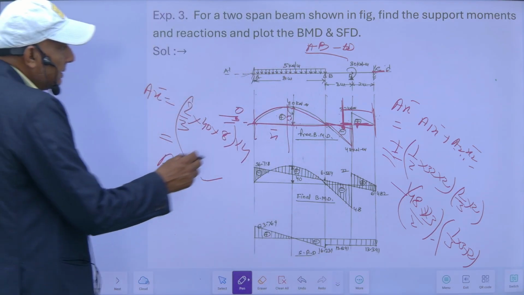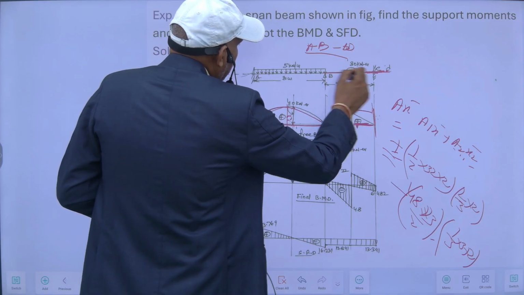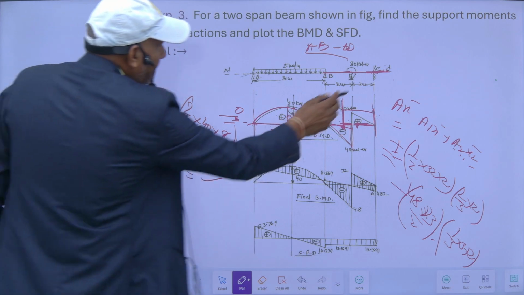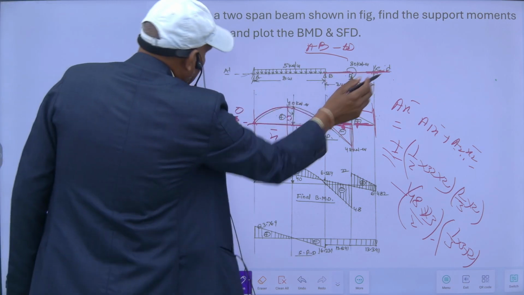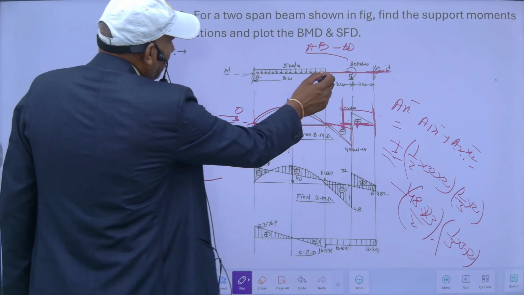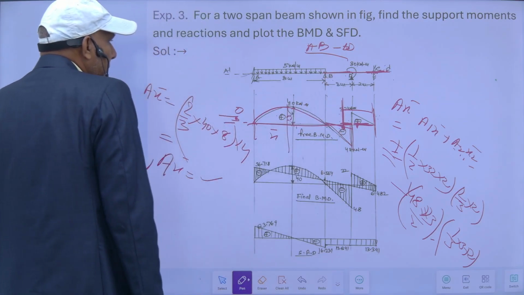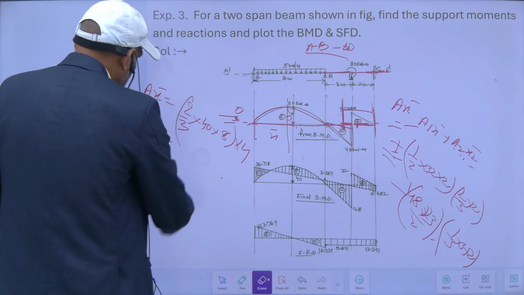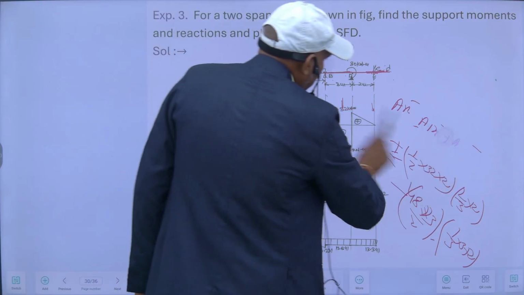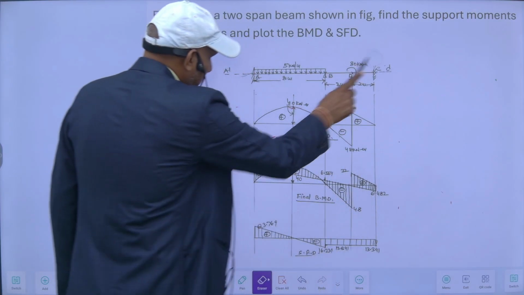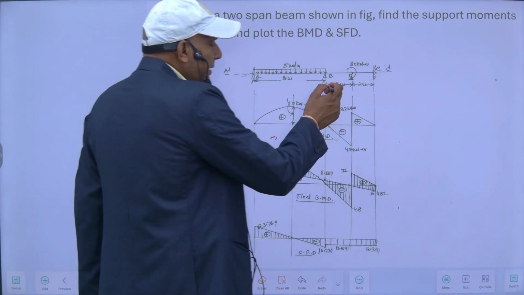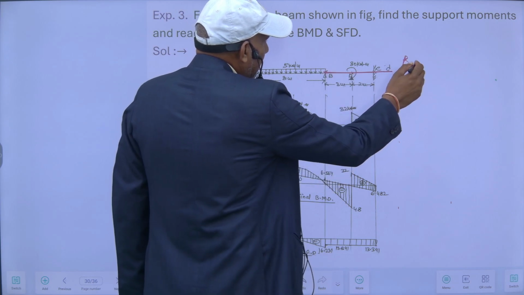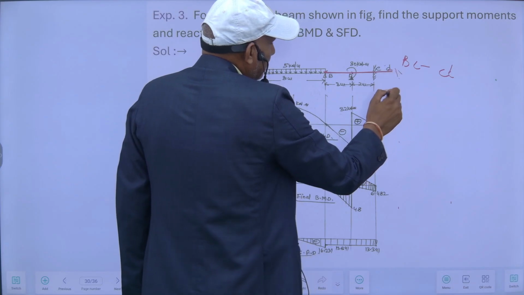Similarly, when I apply the 3 moment theorem for these two spans, BC and C dash, BC and CC dash, this is the imaginary span, 0.